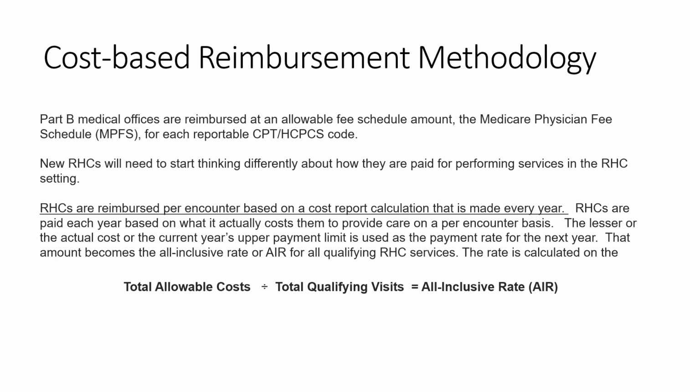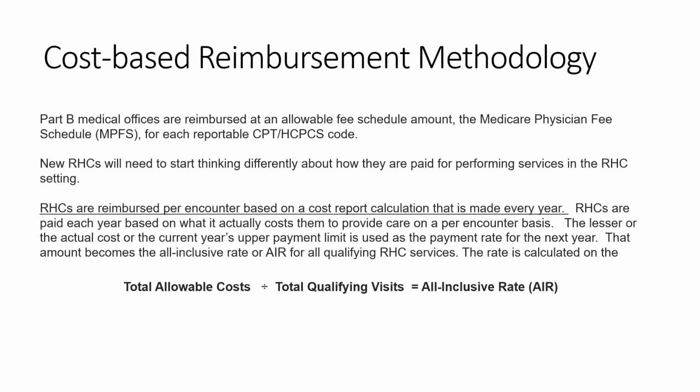So we have to get our heads around the fact that we are being reimbursed per encounter. So that's very important to kind of get that in our heads, that every year when we do our cost report, it's our total allowable cost divided by our total qualifying visits, comes up with an all-inclusive rate.